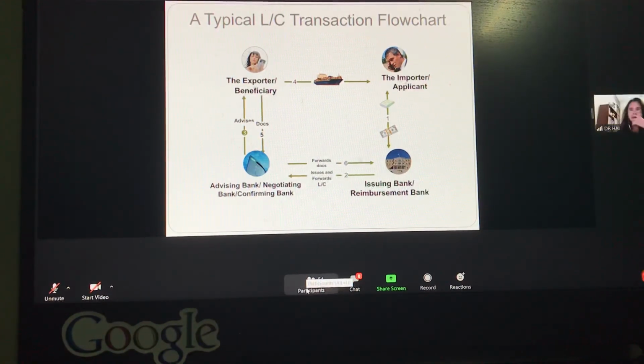Okay, raise your hands, please. 24, right? Yeah. There are some cases where the importer really needs the goods, like they have to sell them to others, so they have to receive the goods. In that case, they will accept the non-CP documents to make payment. Yes, in case you really want to receive the goods, right?